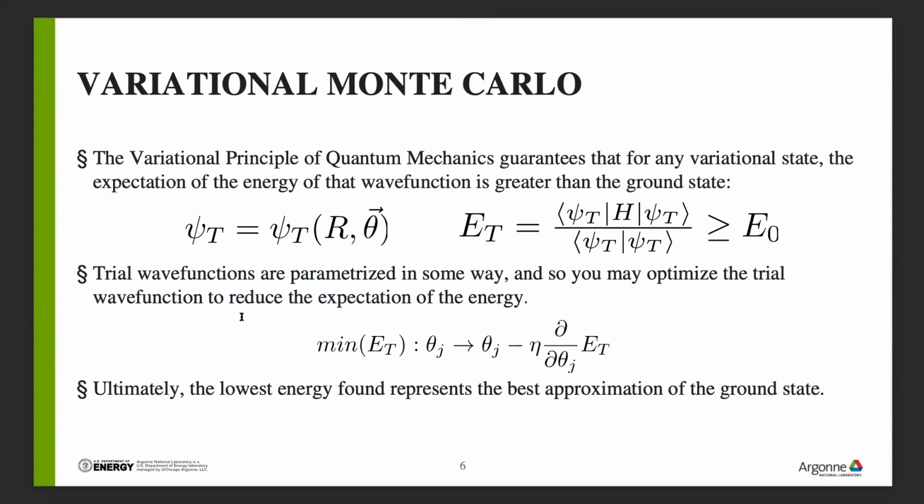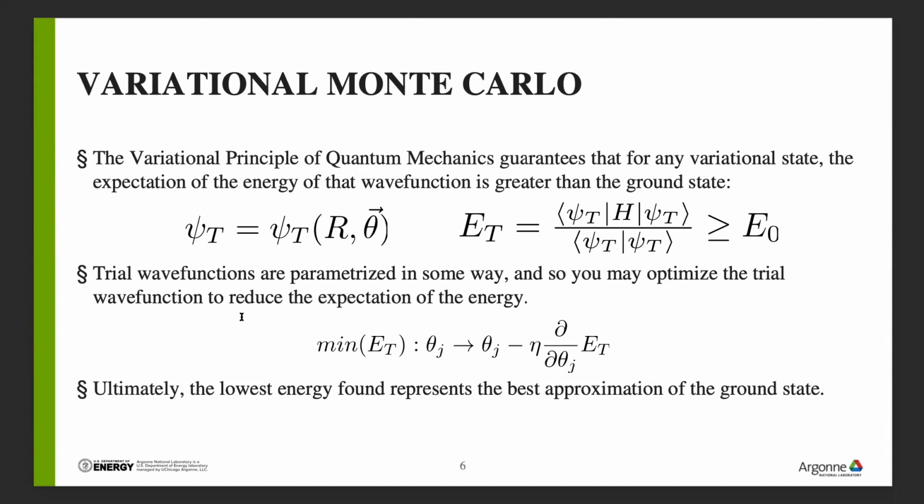The technique we're using to attack this problem is called variational Monte Carlo. There's a really cool theorem in quantum mechanics that guarantees that for any variational state, which is basically a guess at the solution, you can calculate the energy of that state for your Hamiltonian, which we wrote down earlier in the talk, and that is greater than or equal to the ground state energy.